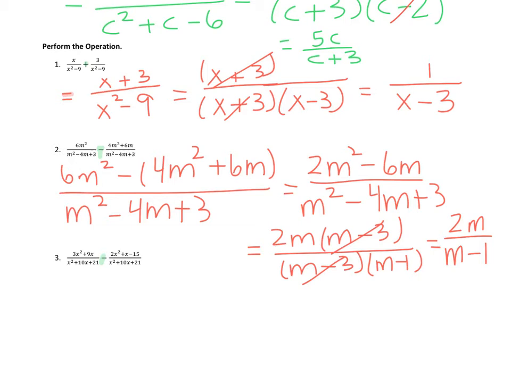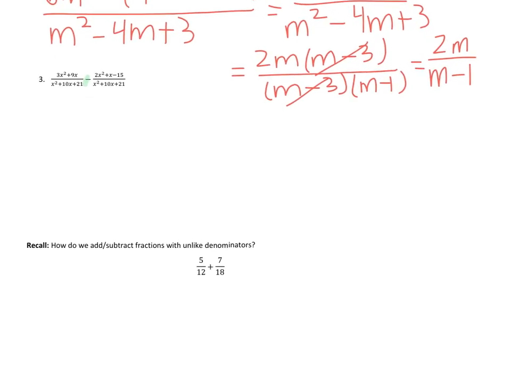All right, finally, let's see what we have for number 3. Again, we have a common denominator. Let's perform the operation to the top. It's subtraction, so let's remember our parentheses.